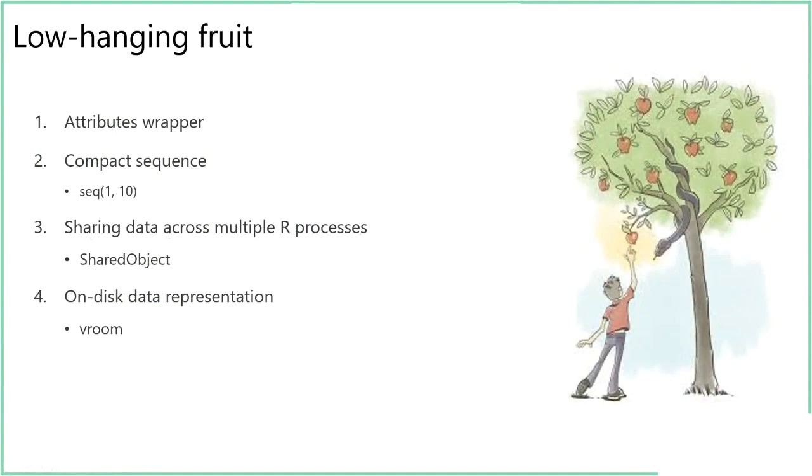By doing so you can easily share a large object across many R workers without duplicating its payload into each process. Shared object is a package for doing this job. And also we have on-disk data representation. This time the payload is not from memory, it's from an on-disk file. Roomr is a package for reading text format data.